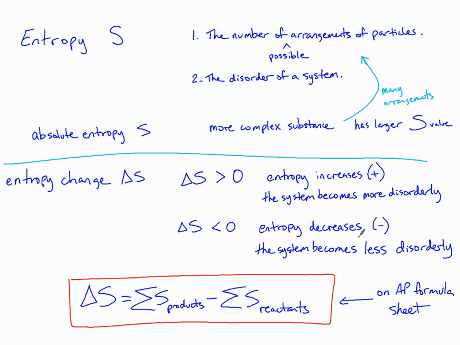This is kind of a crude analogy. If you go into a room that's fairly clean and you start throwing magazines on the floor, dumping out the clothes hampers, pushing pencils off the desk, the room is becoming more disorderly, and your delta S will be positive.